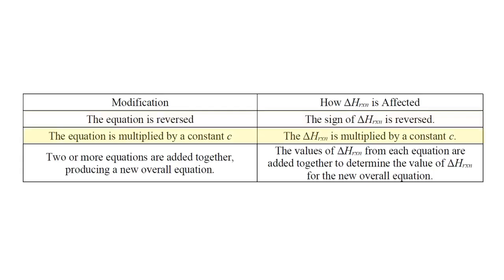If the equation is multiplied by a constant, C, the delta H for the reaction is also multiplied by that constant, C. And if two or more equations are added together, producing a new overall equation, then the values of delta H for the reaction from each equation are added together to determine the value of delta H for the reaction for the new overall equation.